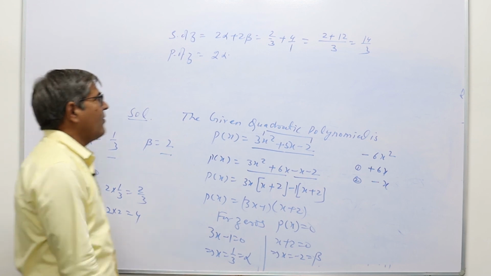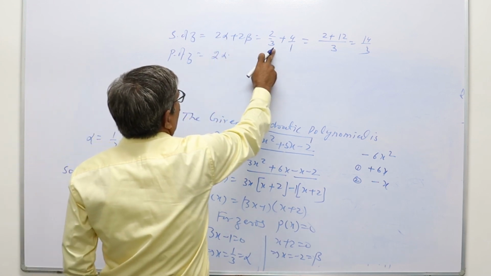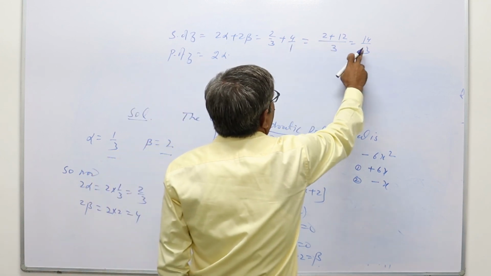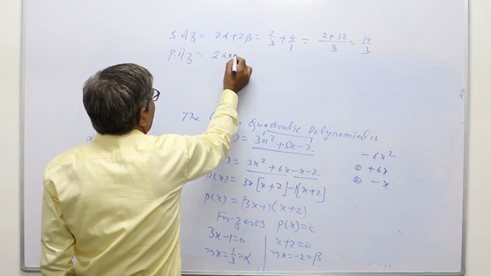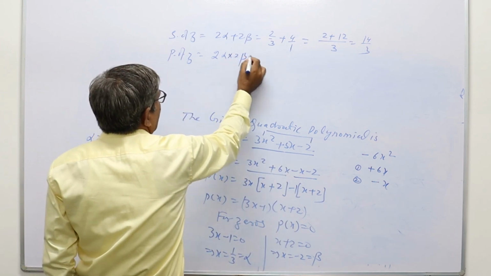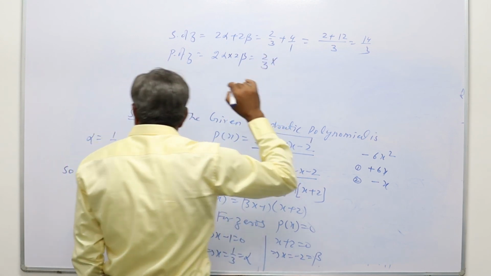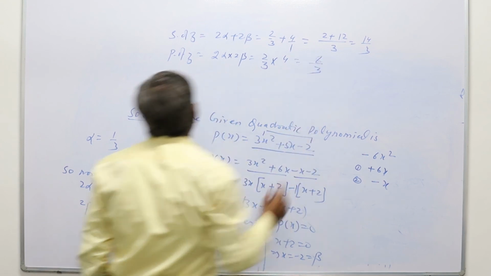Now for the required quadratic polynomial, sum of zeros, 2 alpha plus 2 beta, that is 2 by 3 plus 4 by 1. So it will be 2 plus 12 by 3, that is 14 by 3, and product of zeros, 2 alpha into 2 beta. So 2 alpha is 2 by 3 and 2 beta is 4, so it will be equal to 8 by 3.